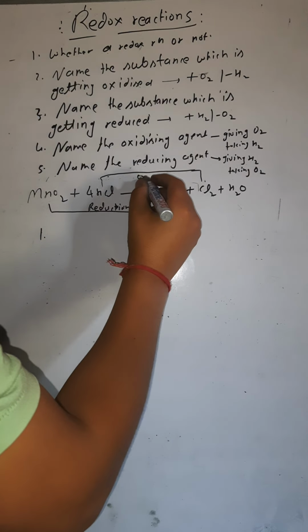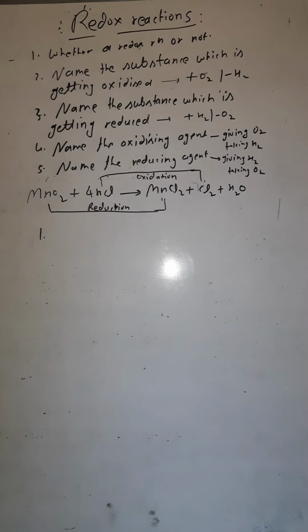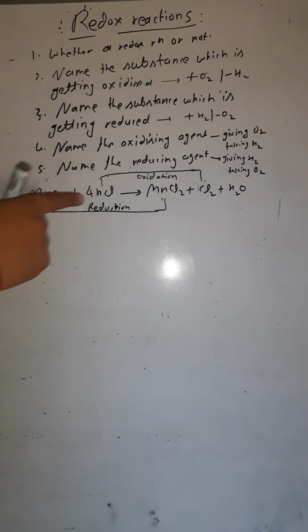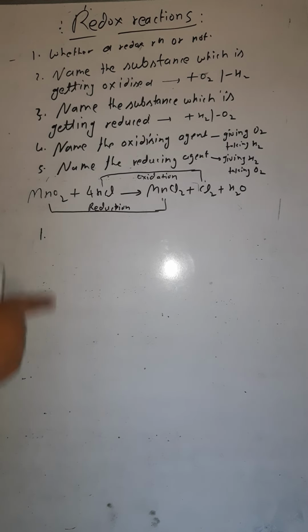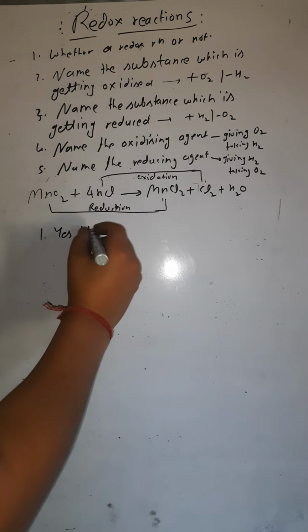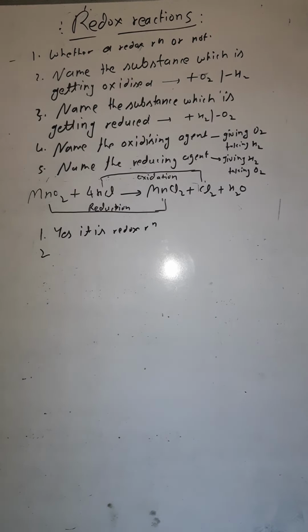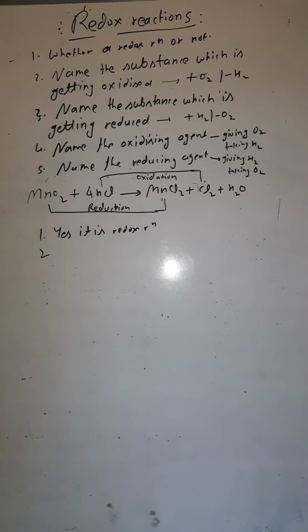So here oxidation is taking place. Are you getting this? Now both reduction and oxidation are taking place, so it is an example of a redox reaction. So you would write the answer yes, it is a redox reaction.